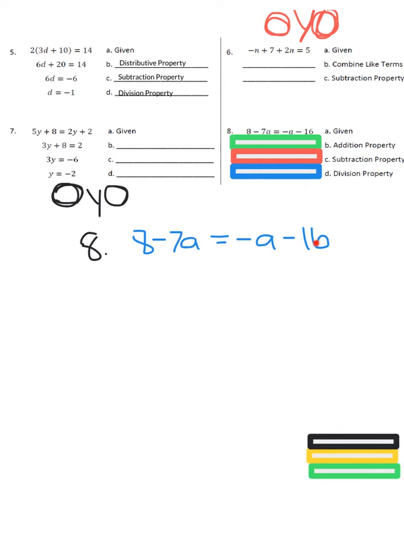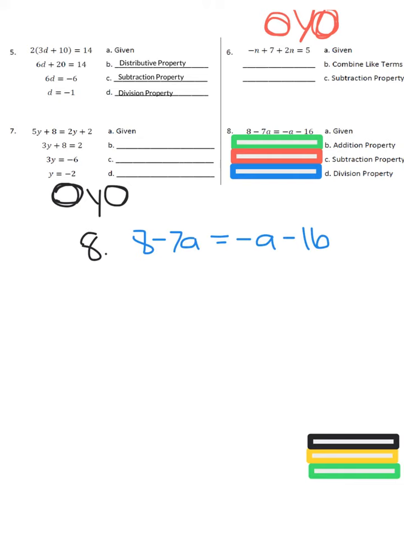Notice I have it written out already so that I can actually show all my work when I work this out. And I'm going to follow the rules or the answers that they've given me here as far as what my steps are going to be to solve it. So I notice they start off with the addition property. So that means I'm adding something to one side. So really, I have a few choices here of what I can add. I'm going to get my variables together because that's typically what we should always do first.